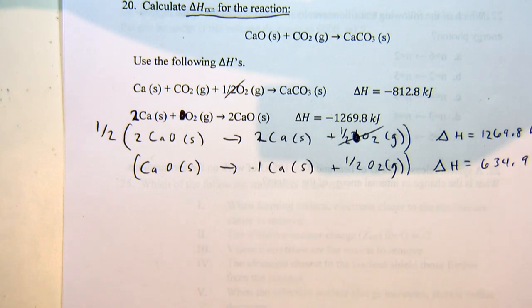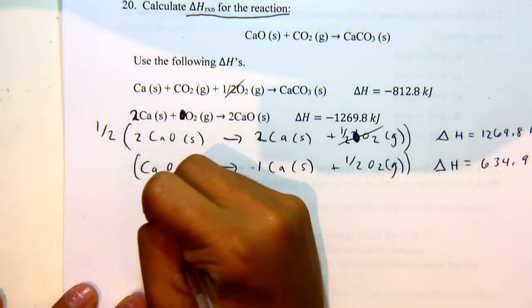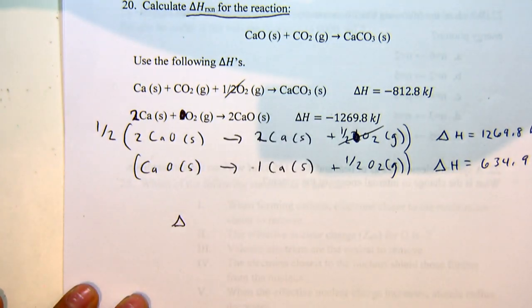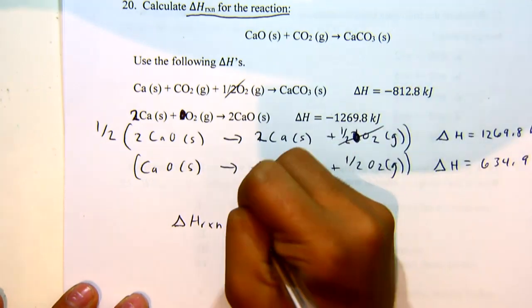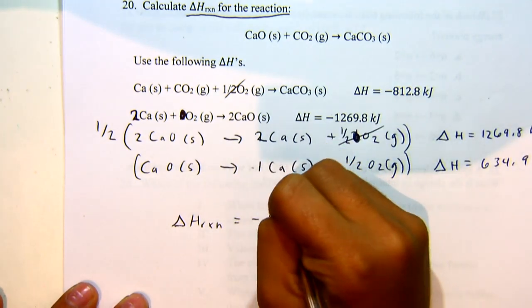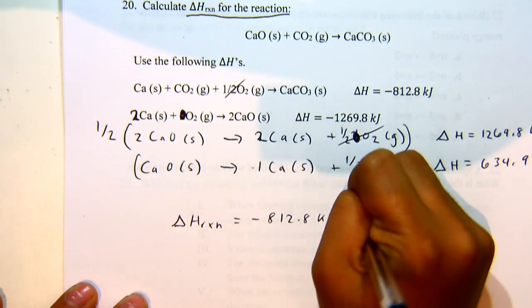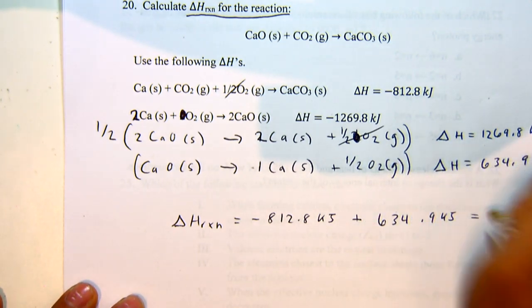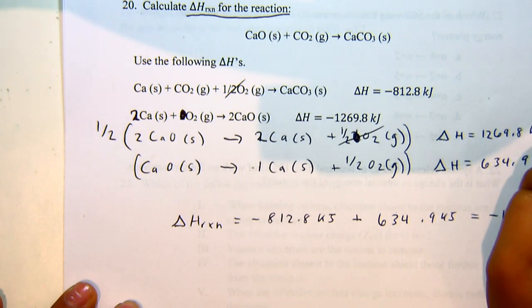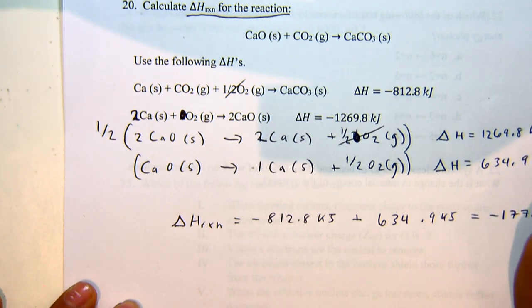Now, all you have to do is add. For the delta H of the reaction, the total is going to be adding the first one, which we didn't have to change anything for, plus the new one that we manipulated. And that'll give us negative 177.9 kilojoules.